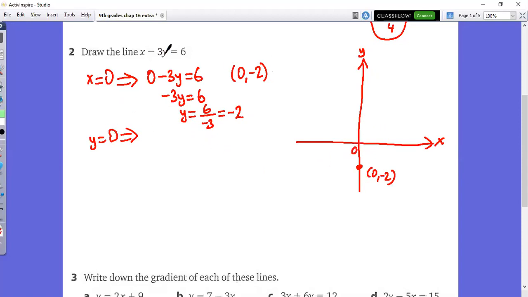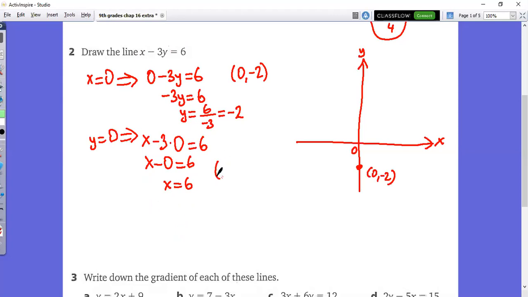Time to substitute 0 for y. So x will be rewritten, x minus 3, and now we don't write y, we replace it with 0, equals 6. Everything else is recopied. 3 times 0 is 0. That's x minus 0 equals 6. So ignoring 0 again, x equals 6.